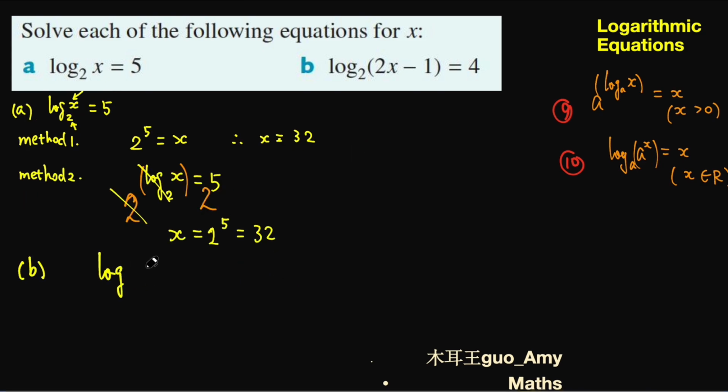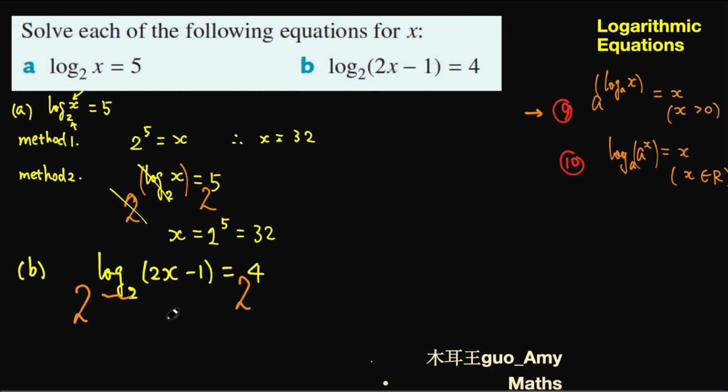Then let's look at part B. For the following equations, we are going to focus on method 2 only. We recognize it is a logarithm, so we use rule 9, and convert both sides to the exponential form with the same base. The base is 2.